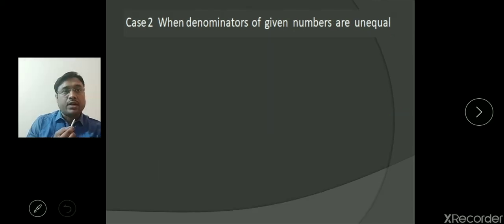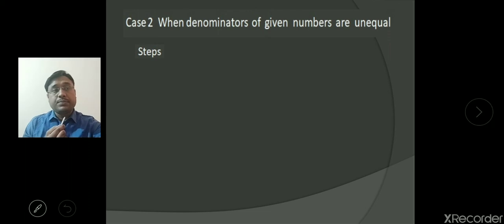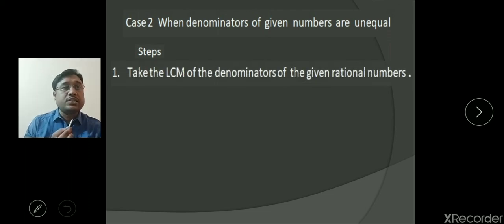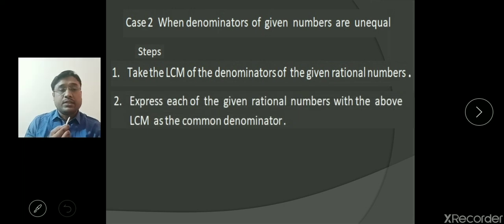Now in the other case, when the denominators of the given numbers are unequal, the steps are: first, take the LCM of the denominators of the given rational numbers. Then step 2, express each of the given rational numbers with the above LCM as the common denominator.